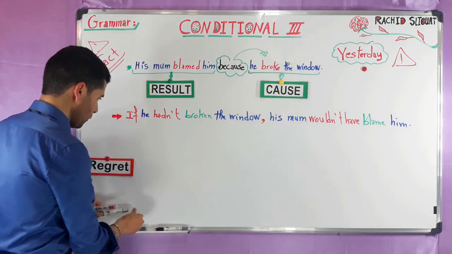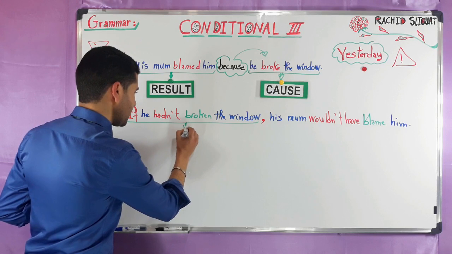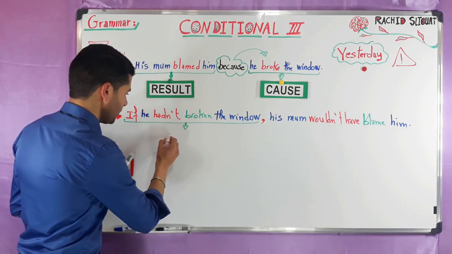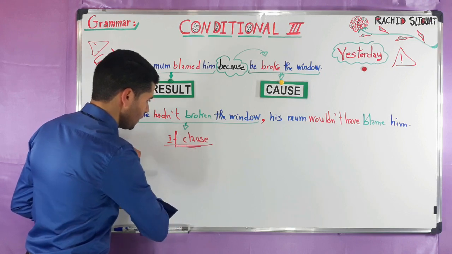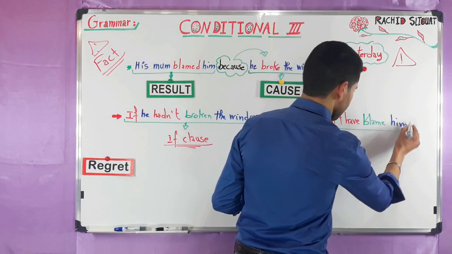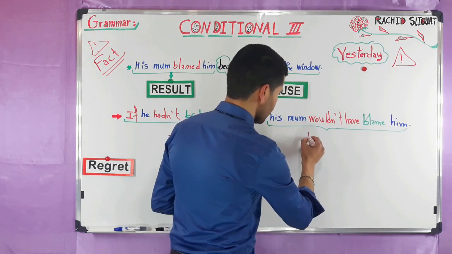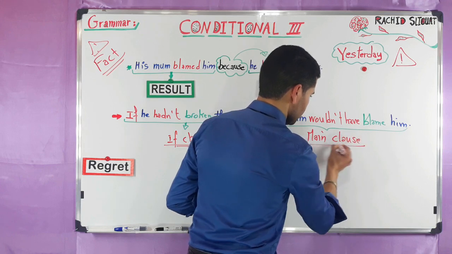Number 1 is the part with if, which we call the if clause. And part number 2 is what we call the main clause.